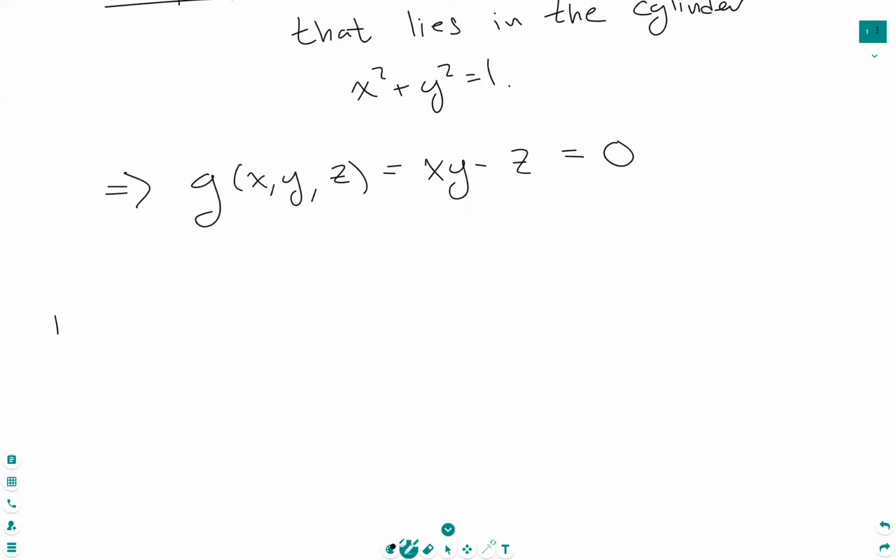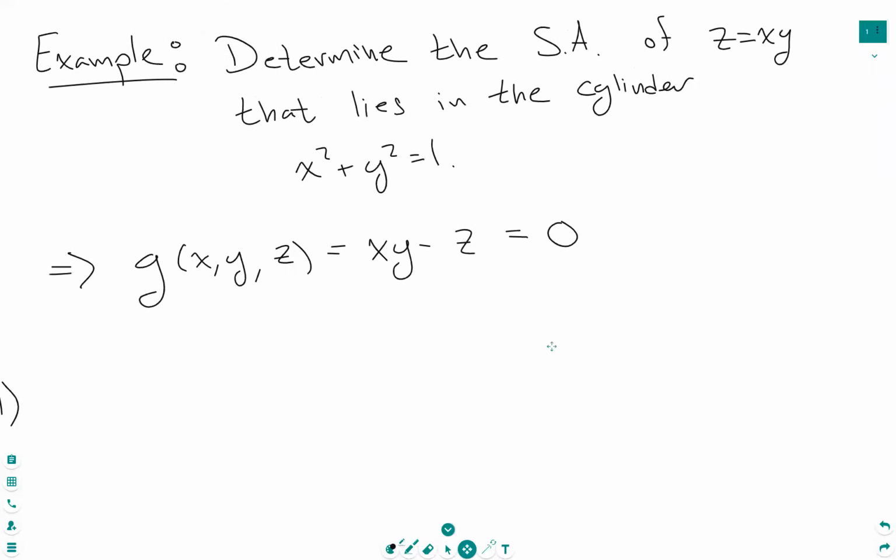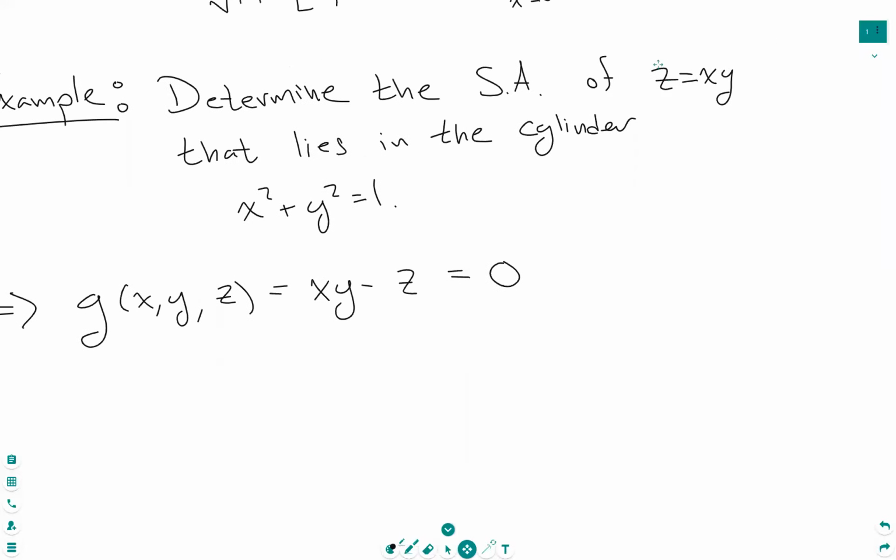Okay. Step 1. Our original surface was z is equal to x times y. I know this to be a function, right? A function means that for any one xy pairing, I only have one value of z, just like functions of one variable in R2.